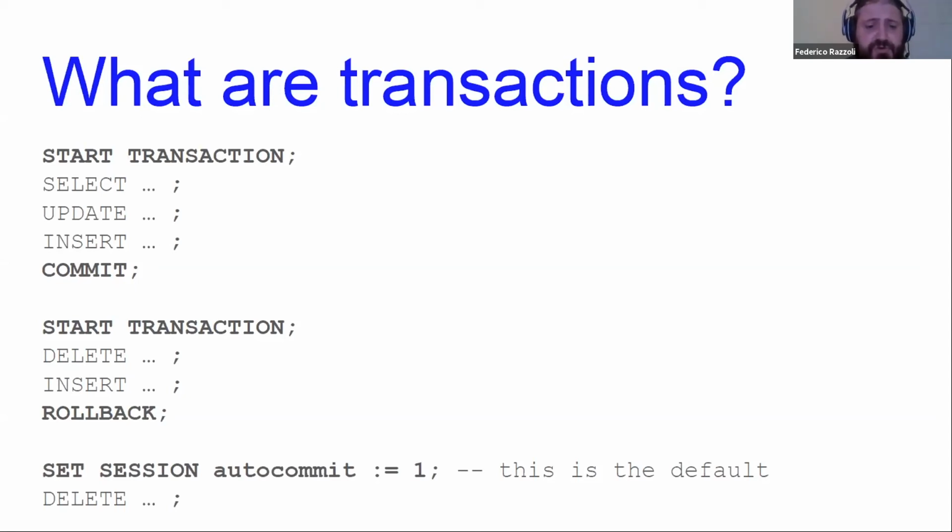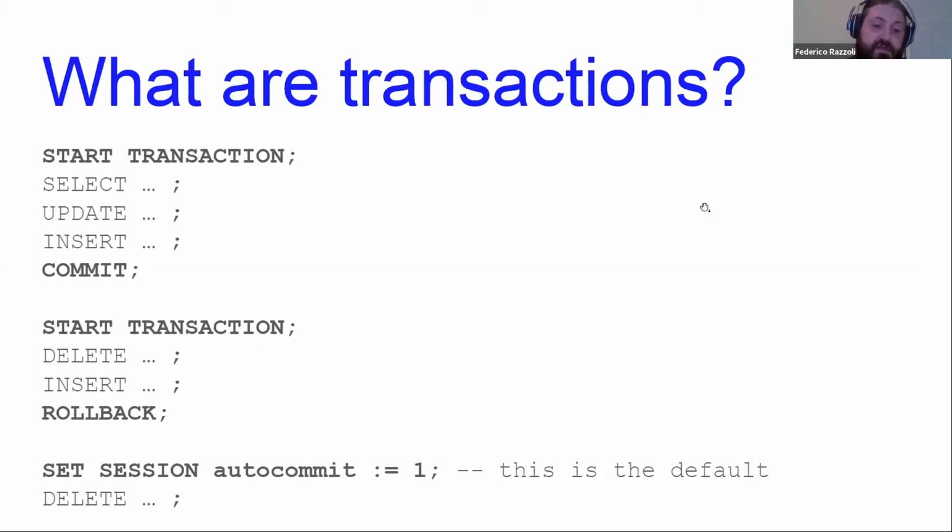And if I use autocommit, which is the default, each statement I run will be a separate transaction. So I don't need to write start transaction, delete, commit, because it happens automatically.